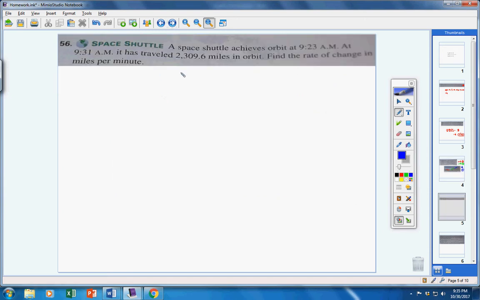56. A space shuttle achieves orbit at 9:23 a.m. At 9:31, 8 minutes later, it's traveled this far. Find the rate of change in miles per minute. So I want my miles up top. I want my minutes at the bottom. Let's find the rate of change. So it's traveled how many miles? Well, it started when it got into orbit. That's when we started our time.